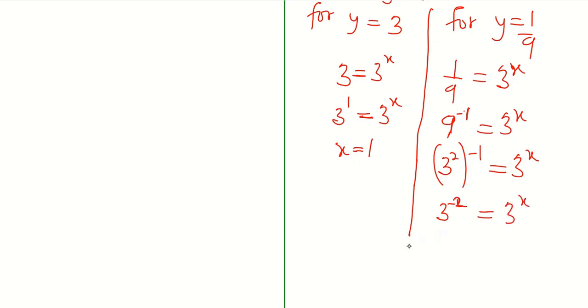And so we can see that the bases are the same now, and so we can see x is equal to minus 2. And so therefore we can say that x is equal to 1, or x is equal to negative 2. And so this becomes the value of x in this equation.